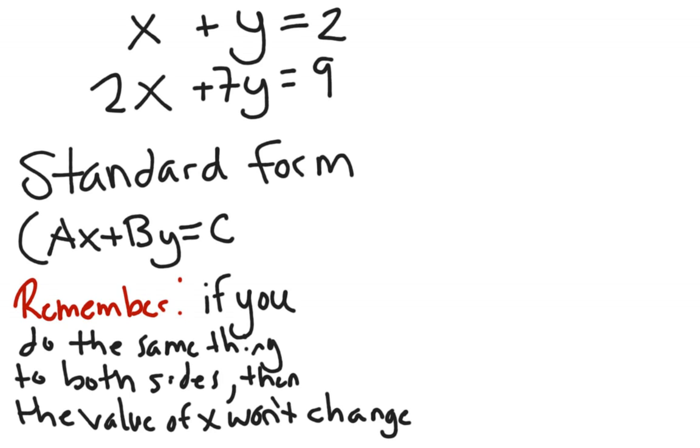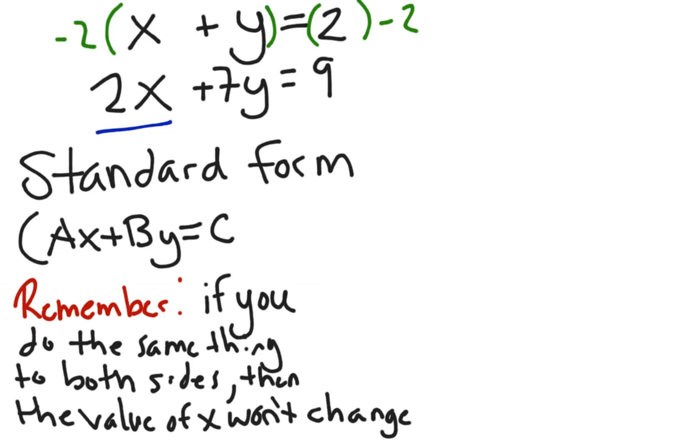So I notice that I have x plus y equals 2, 2x plus 7y equals 9. If I multiply my top equation by negative 2 on both sides, because remember that's the rule if I want to not change the value of x or y, that means that x will then be negative 2x, and that will cancel out with the 2x below.